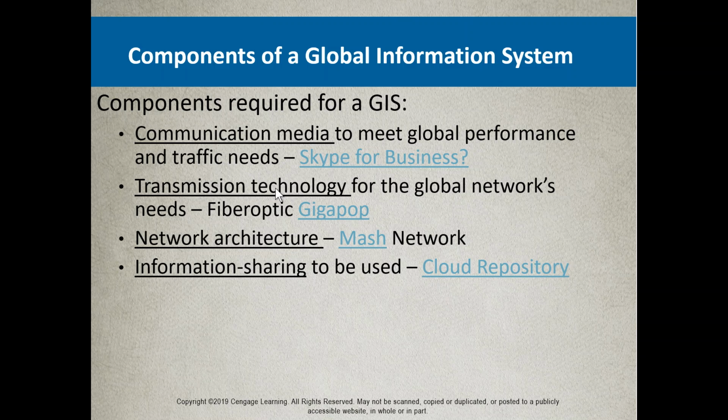So transmission technology, a lot of these require high bandwidth, and they take advantage of these fiber optic connections and trunks now, called gigapops. This is just how much bandwidth can be pushed through when you're dealing with large companies and you're running your platforms on the cloud. That's primarily why the transmission technology is so important, because a lot of these services are being delivered as software as a service, SaaS.